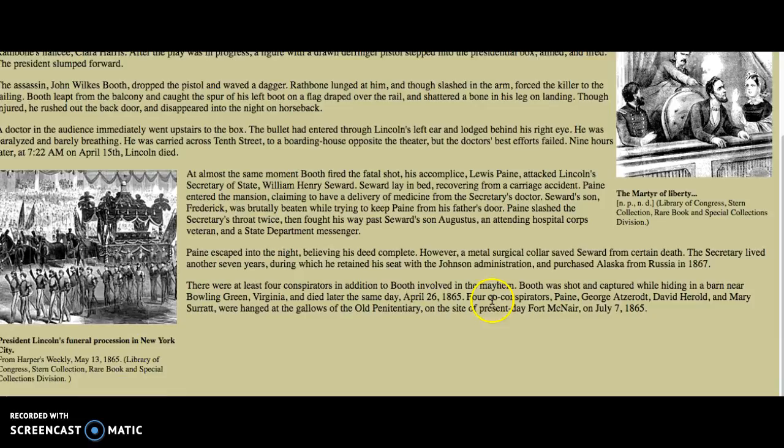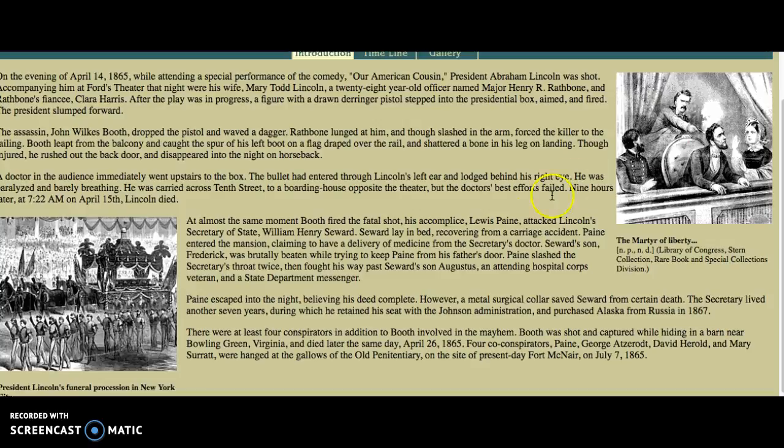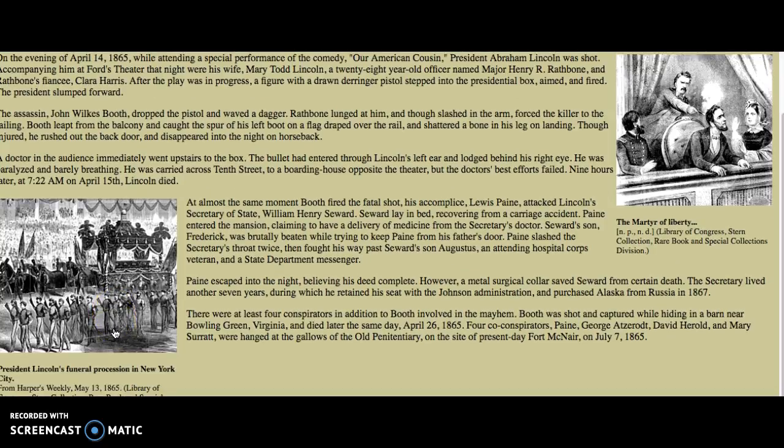And so that would be another primary source that I could use. This is in the Library of Congress, the Stern collection, and so this is a painting or drawing that someone did of the actual assassination, and then this one is from Lincoln's funeral. So I could research that a little bit further.